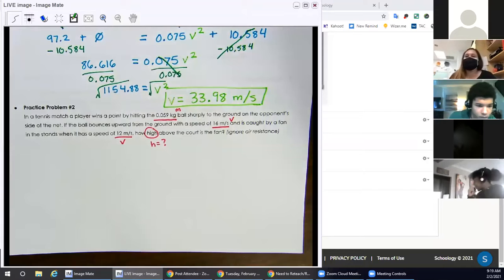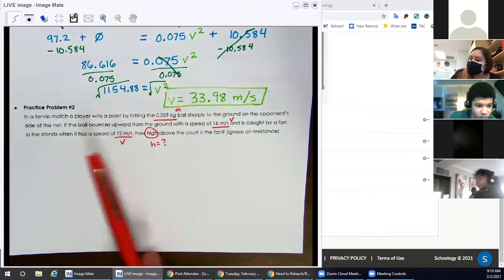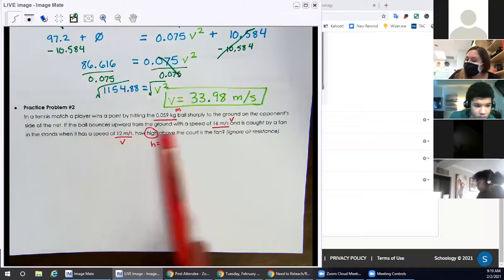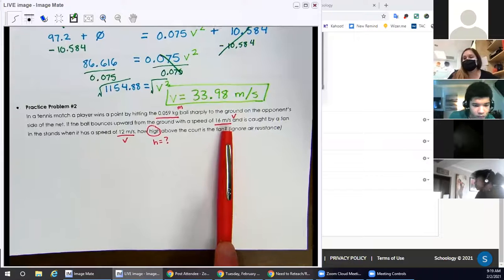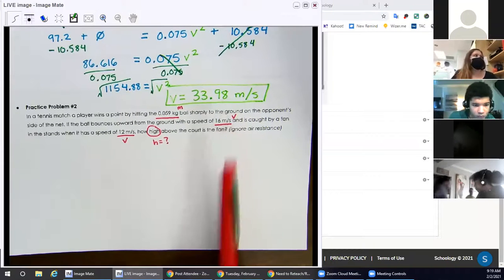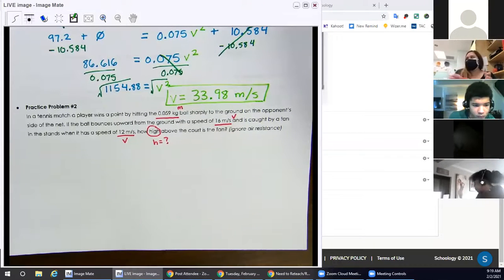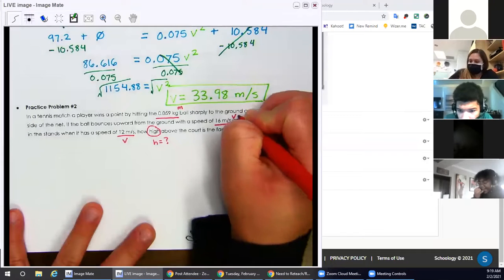Now we need to figure out what exactly we know. So the ball bounces upward from the ground with a speed of 16. Is that going to be our initial velocity or our final velocity? 16. That's going to be our initial.